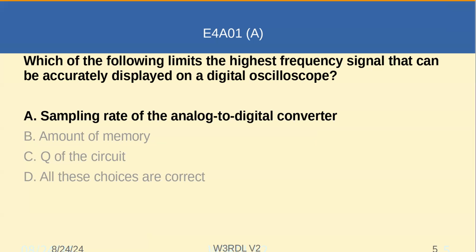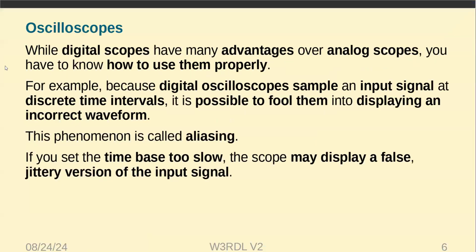The sample rate. And like I said, with the aliasing, if you have the horizontal sample rate or time base too slow, you're not going to get enough samples, so you get the aliasing issue.